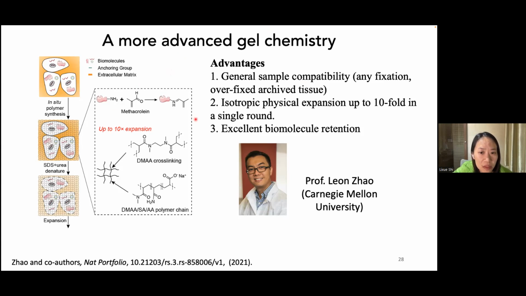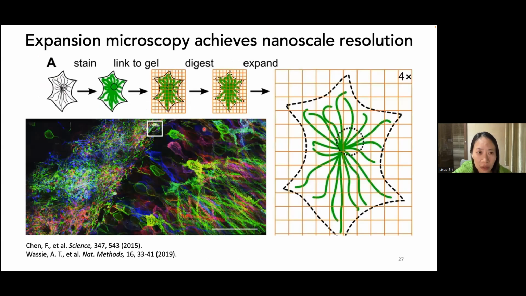First, methacrolein, which is a very active chemical, was employed as a part of the monomer solution to efficiently attach biomolecules to the growing matrix during the polymerization step. In this way, we eliminate the need for the stepwise reaction of anchoring and polymerization used in previous designs.